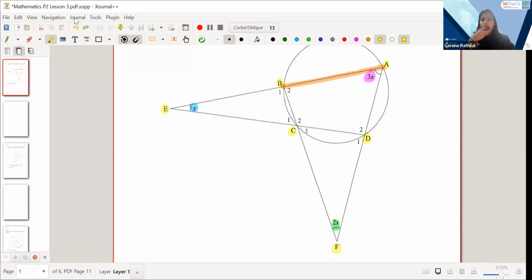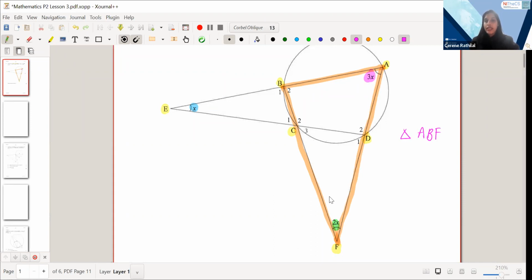So this is the strategy that I'm going to use. We are going to try and work with the following triangle, the one that I'm highlighting. Let's work with this triangle, ABF, okay?